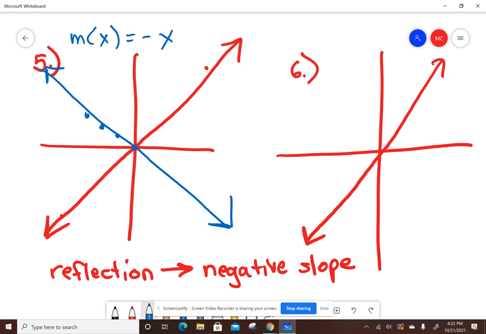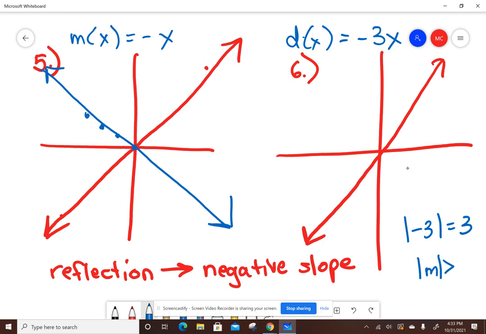Now, for the next one, it's d of x equals negative 3x. So this has an absolute value of negative 3 equals 3. Remember, if the absolute value is greater than 1, it's a stretch.